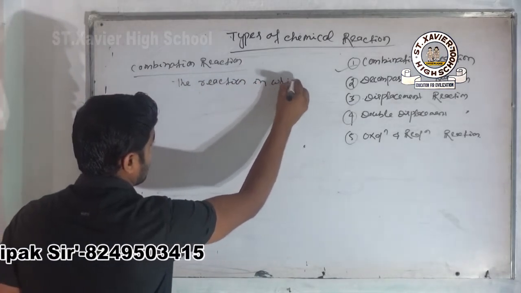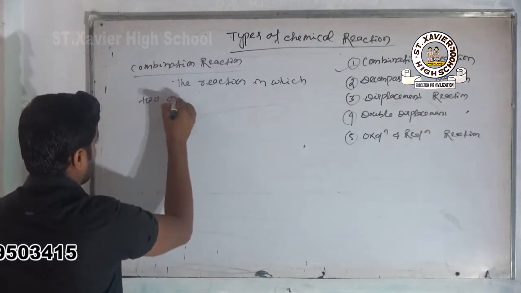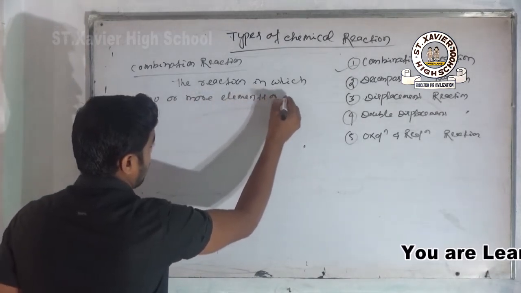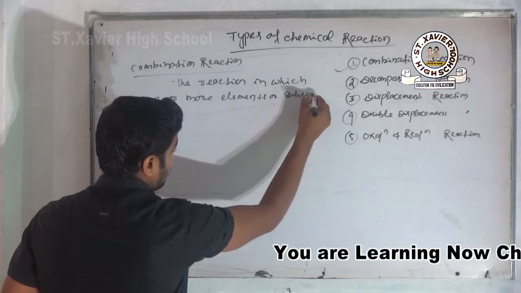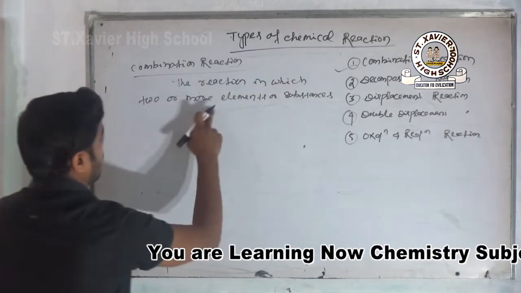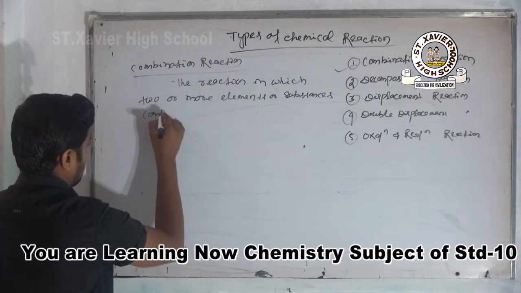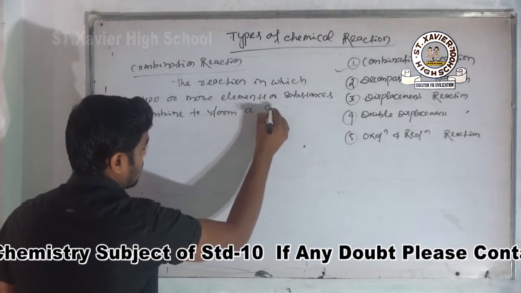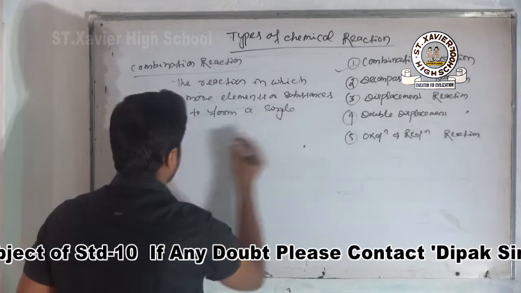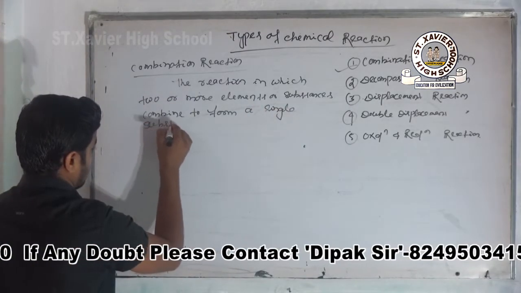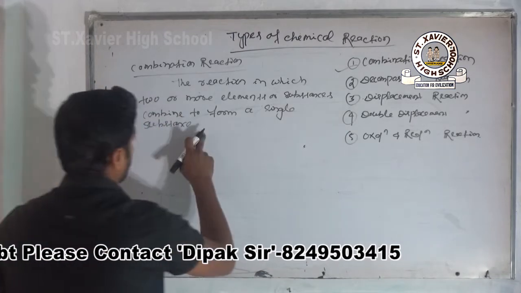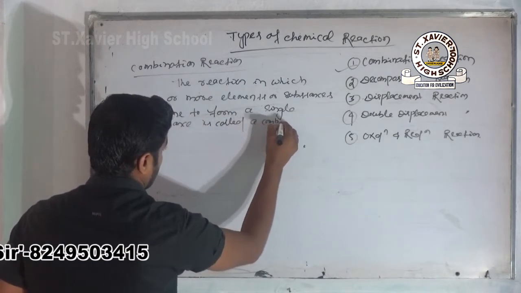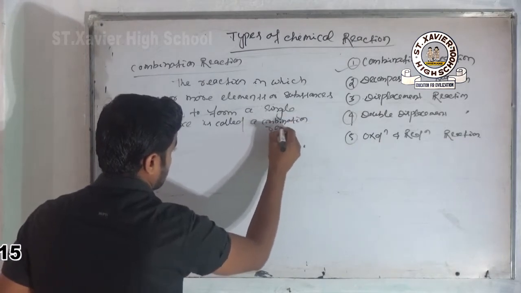The reaction in which 2 or more elements or substances combine to form a single substance is called a combination reaction.